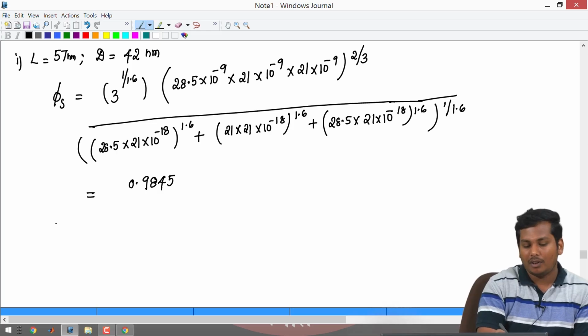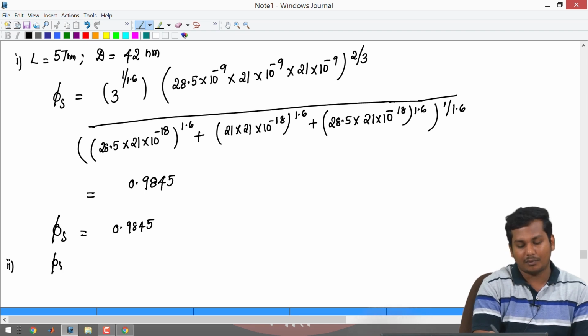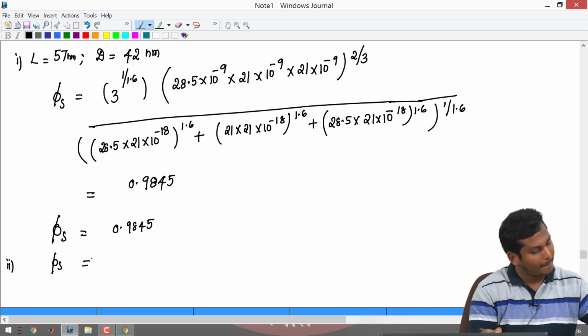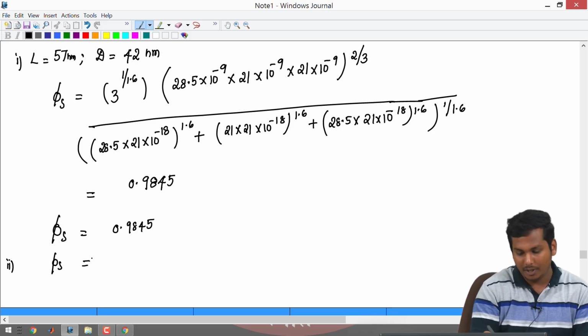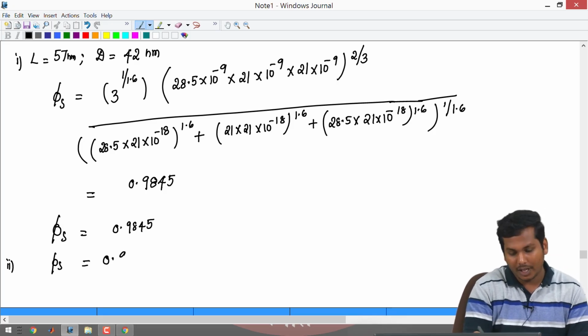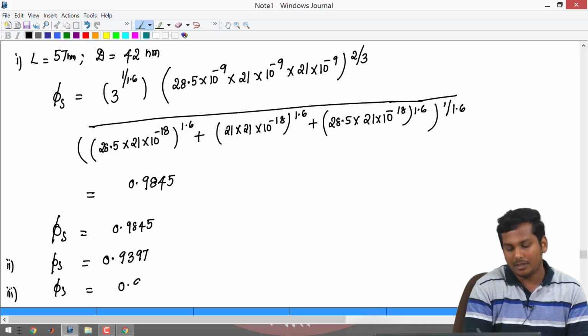So, pi s is 0.9845 for the first case, and similarly if we calculate for the second case, pi s will be 0.9397, and for the third case pi s will be 0.9179.